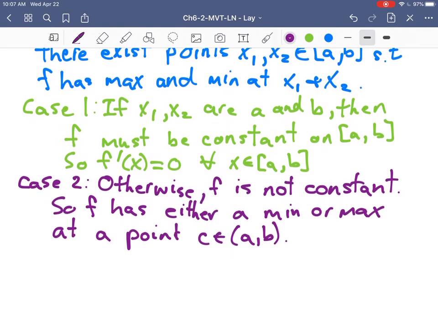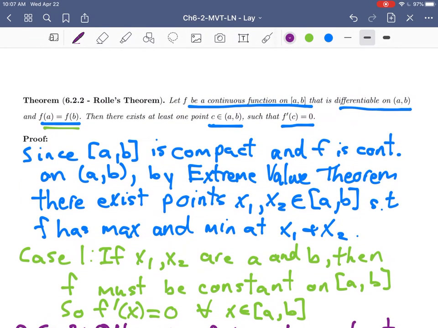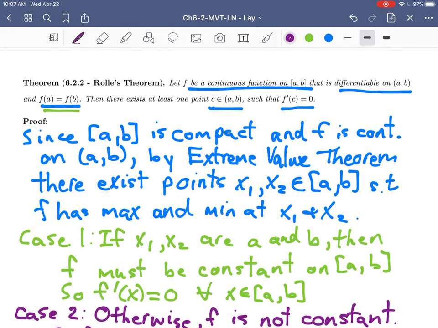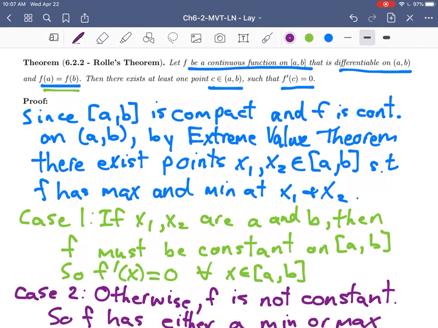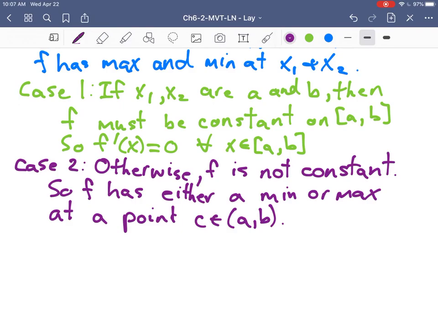But our previous theorem says if we have a minimum or maximum and we have a differentiable function on an open interval, then the derivative at that point has to be equal to 0.